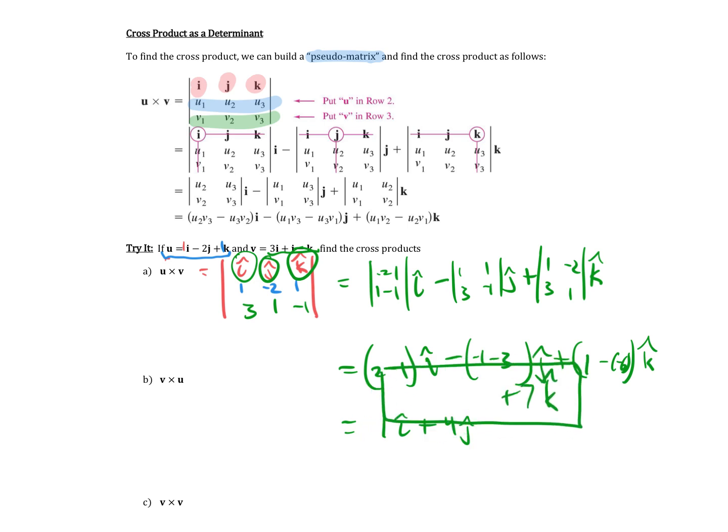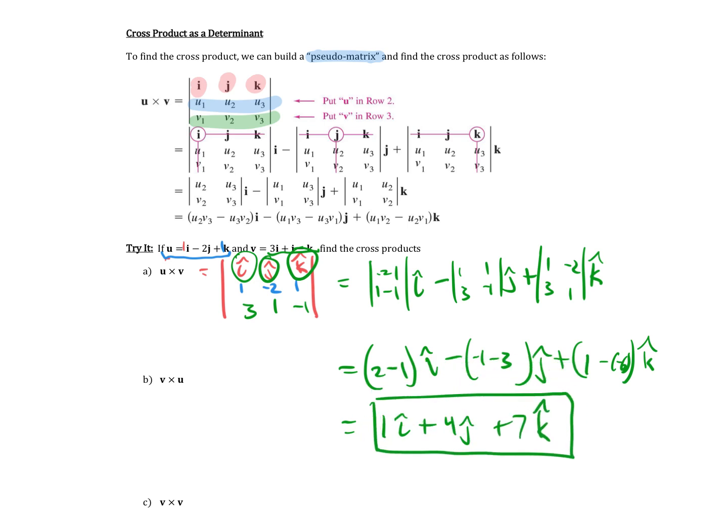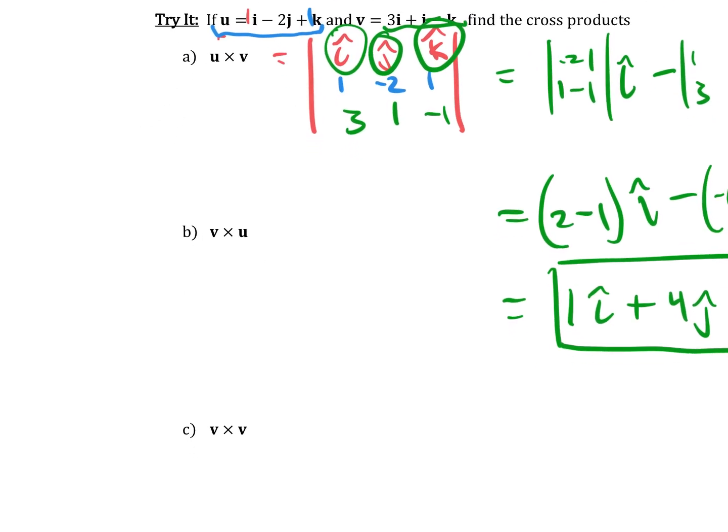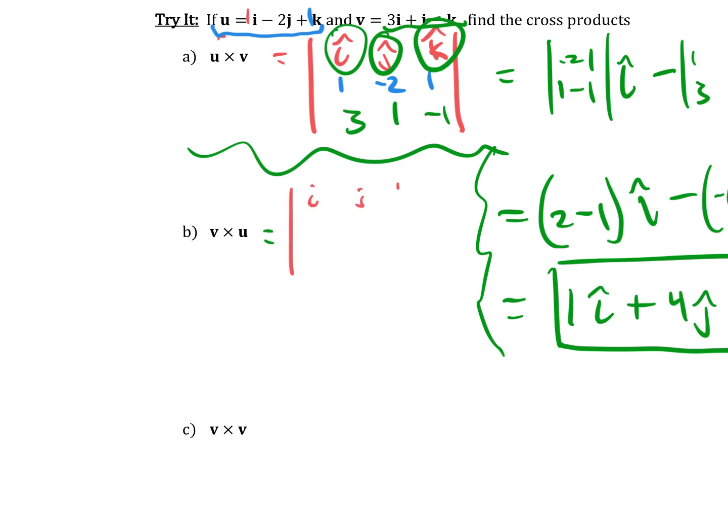Now a question we might ask is, is the cross product commutative? In other words, if we flip it around, do we get something different? Well, let's try it out. We've got ijk, and we've got v cross u. So v is going to come first. So 3, 1, -1.